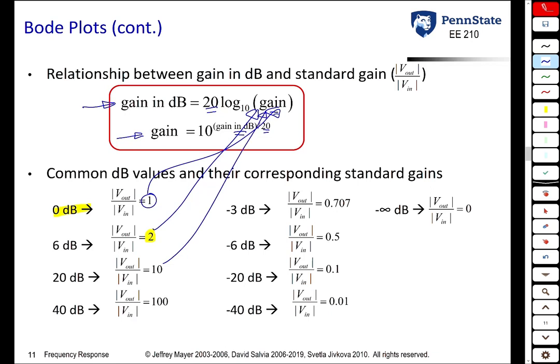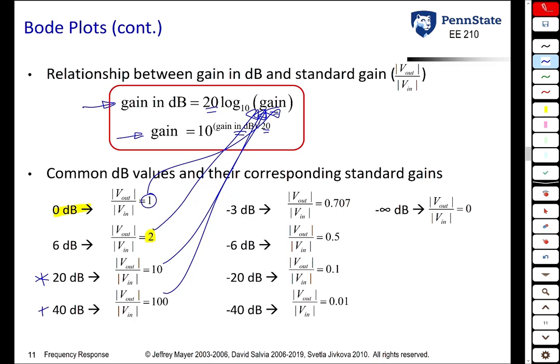The log of 10 is 1. So a gain of 10 is a dB gain of 20 dB. This is a very important one to remember. 20 dB means a gain of 10. What happens if you plug 100 into that equation? The log of 100 is 2. 20 times 2 is 40.